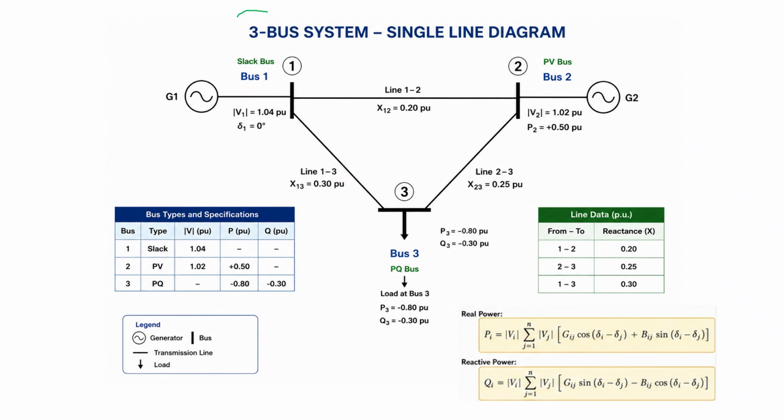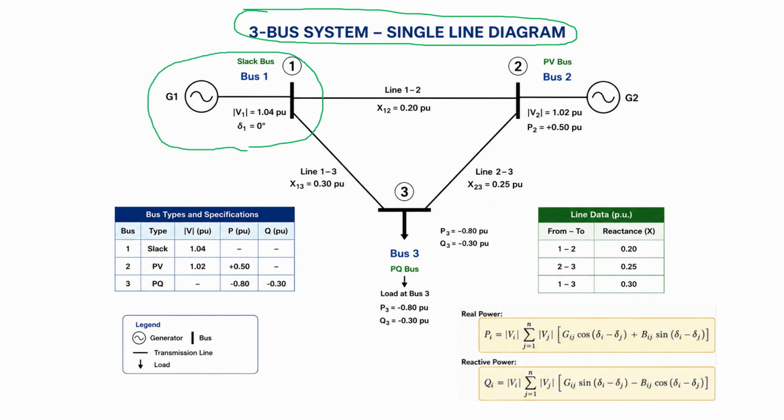So in today's session, we will see an example of power flow analysis using Gauss-Seidel and Newton-Raphson for a typical three-bus system. In this example, we have three buses. One is a slack bus where the voltage and the voltage angle will be specified, whereas both powers will be calculated.